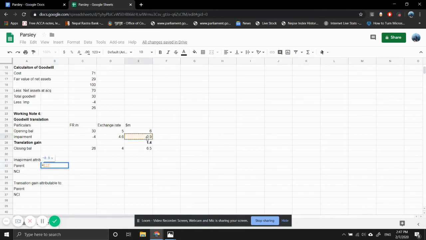So this into the holding percentage 0.6, again the same thing, this into 0.4 because that's their holding percentage, and then this figure will be translation reserves, so this figure into 0.7, and again this figure into 0.4.